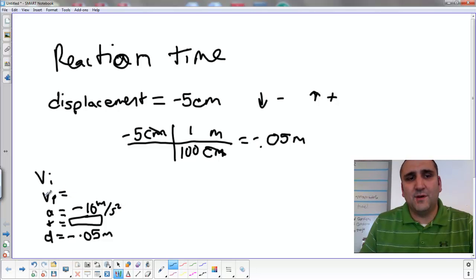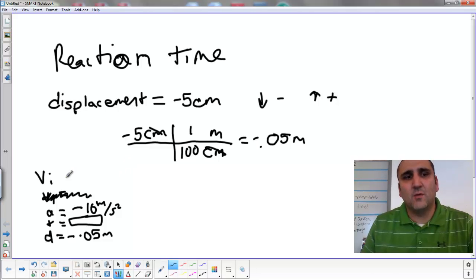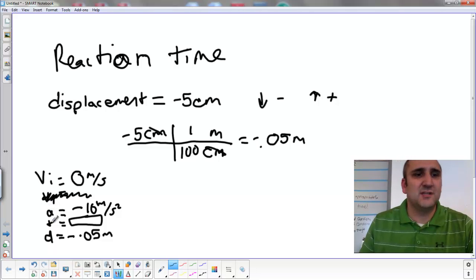The VF we don't really care about because we're not concerned with how fast it's going. We're only concerned with how long it took Chris to catch it. And the initial V is the initial velocity of the ruler, which was 0 meters per second. So VI is initial velocity, VF is final velocity, A is acceleration, T is time, and D is displacement.